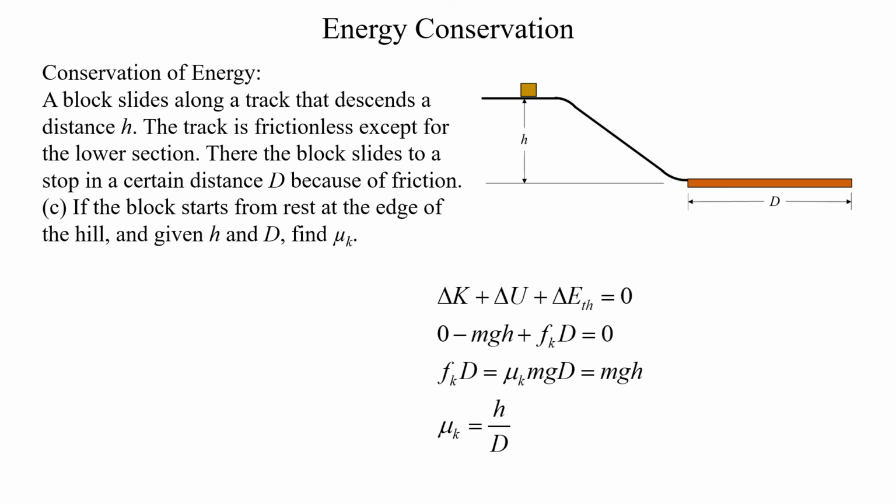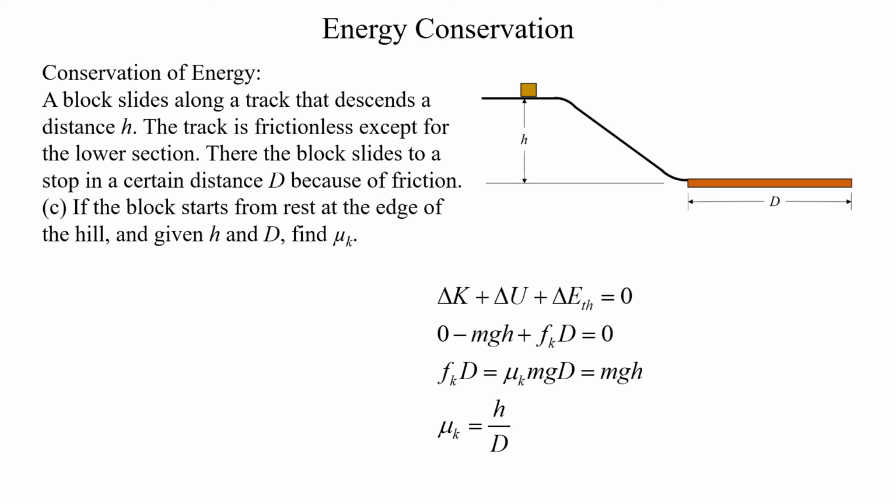So we have the frictional force times the distance equals mu sub k times mg times the distance, right? Remember, kinetic friction is equal to mu sub k times the normal force, which in this case is mg. So mu sub k mgd equals mgh. Notice the mg is on both sides and it divides out.